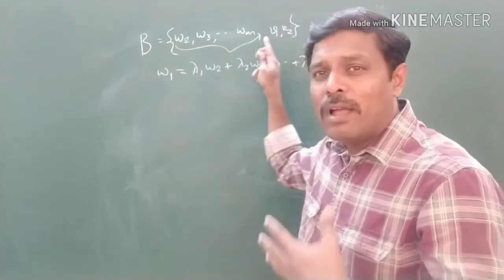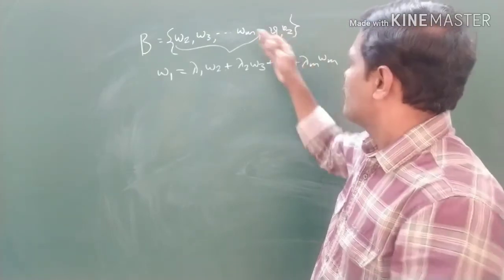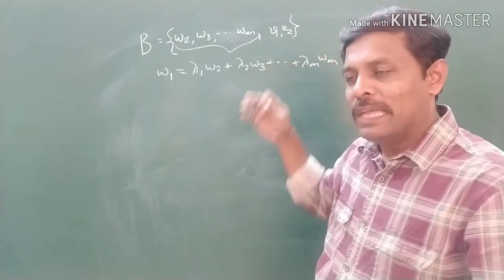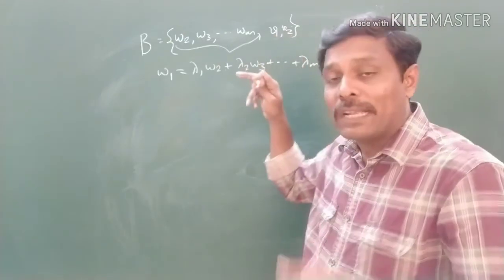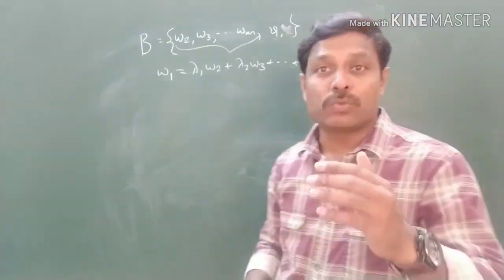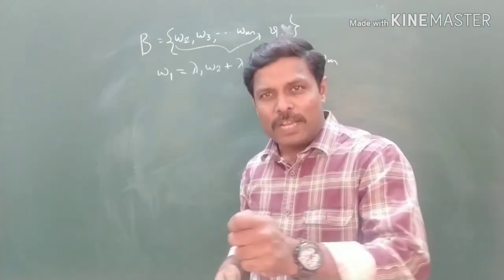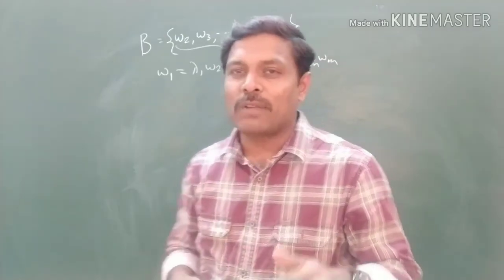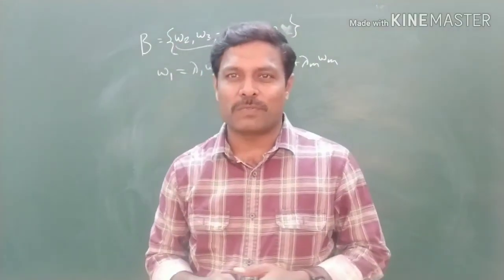Therefore, whatever I assumed, that no element should come from V1, V2, Vn, that assumption was wrong, and that's why we have to take at least one element from the V's. At least one. So once we say that at least one element is from the V's, that means we have to escape at most n minus 1 elements from the V's.